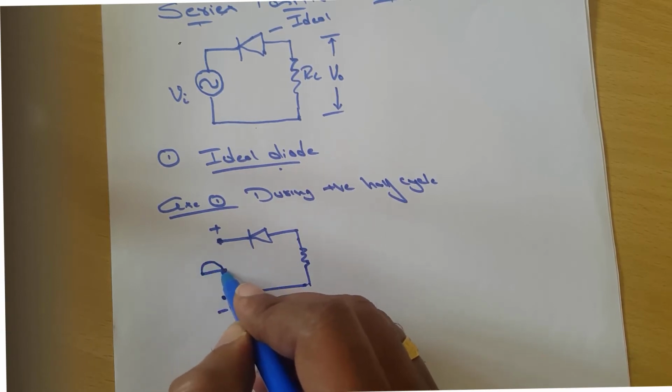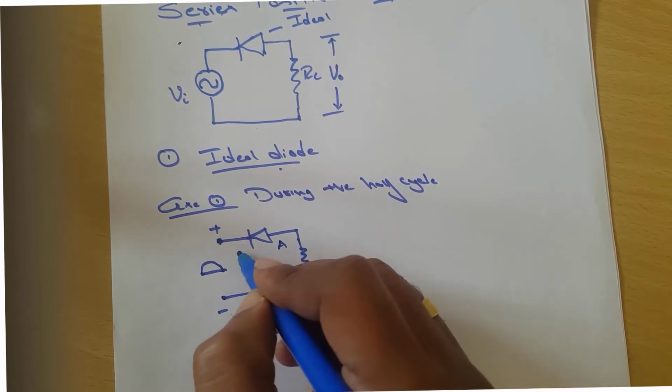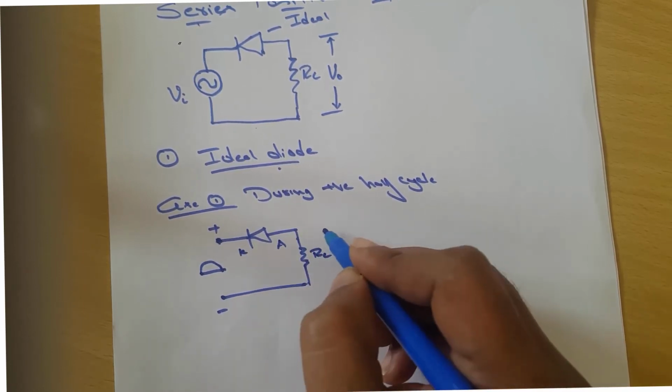This is the circuit, this is your anode, and this is the cathode, this is your load resistance.